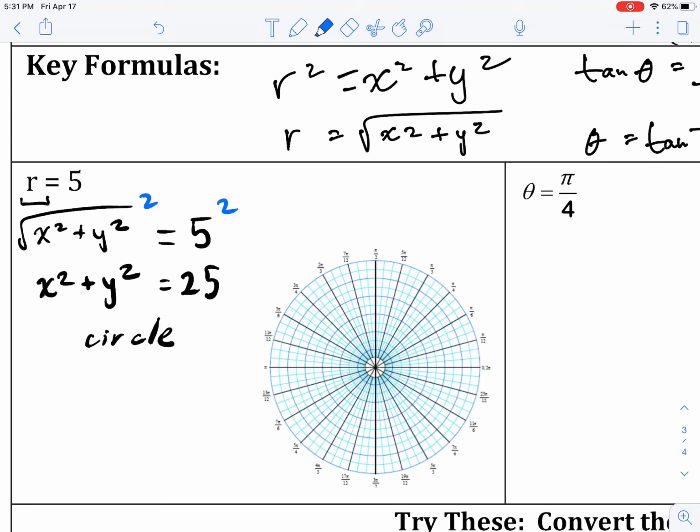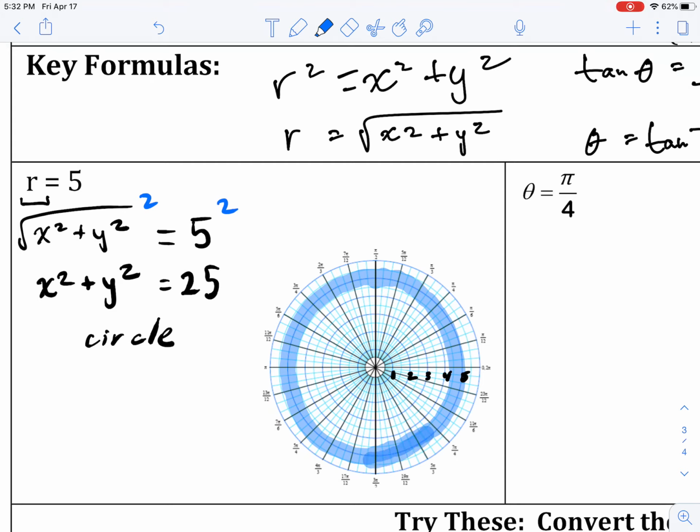Well, what we're saying here when r is equal to 5 is that regardless of our angle, our distance from the pole is always going to be equal to 5. And if I just went ahead and quickly labeled this here, 3, 5, our distance from the pole is always going to be 5, no matter what our angle is. In other words, we would get something that looks just like this. And this is a pretty large circle there, but you get the idea.